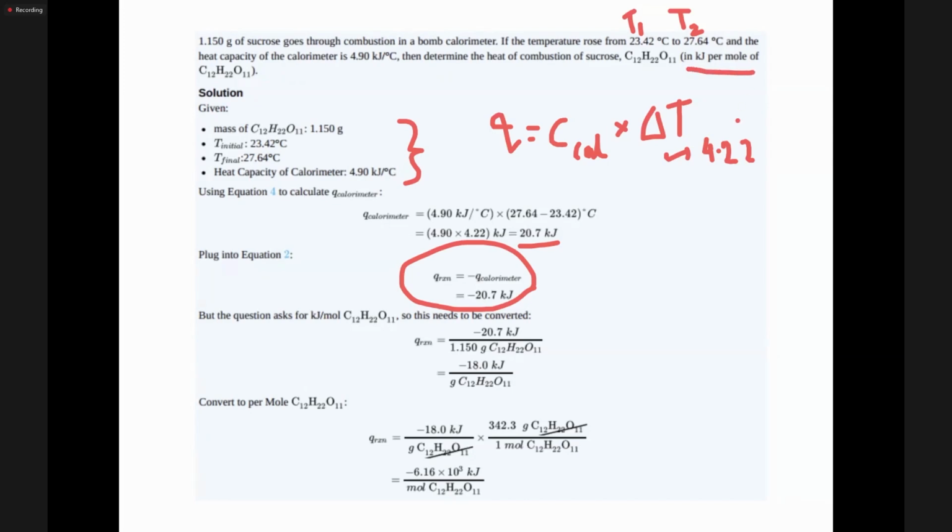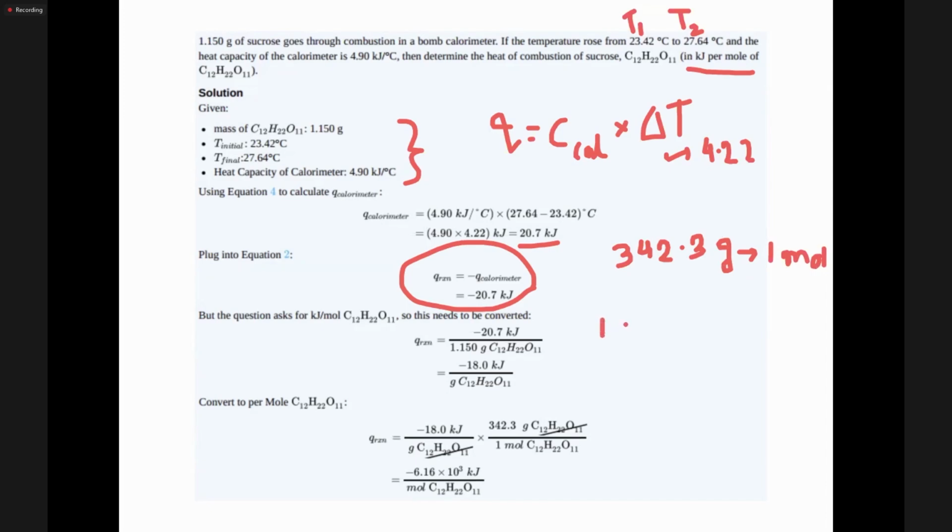So we have Q reaction as minus 18.0 kilojoule per 1 gram of C12H22O11 multiplied by 342.3 gram of sucrose divided by 1 mole. 342.3 gram corresponds to 1 mole of sucrose.